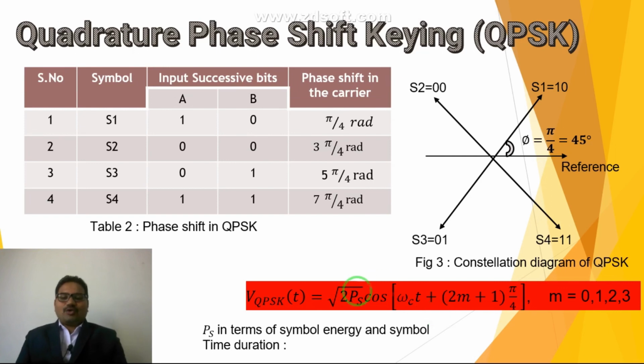Now, if I want to represent this Ps in terms of symbol energy and symbol time duration, then we can write Ps equal to E by T. So it is symbol energy and this is your symbol duration. It could be T or it could be Ts.